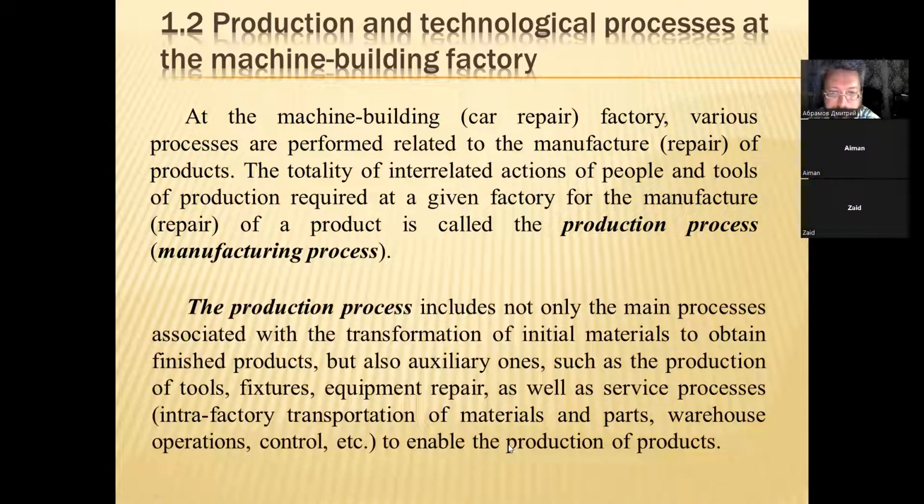The production process includes not only the main processes associated with the transformation of initial materials to obtain finished products, but also auxiliary ones, such as the production of tools, fixtures, equipment repair, as well as service processes, intra-factory transportation of materials and parts, warehouse operations, control, etc., to enable the production of products.